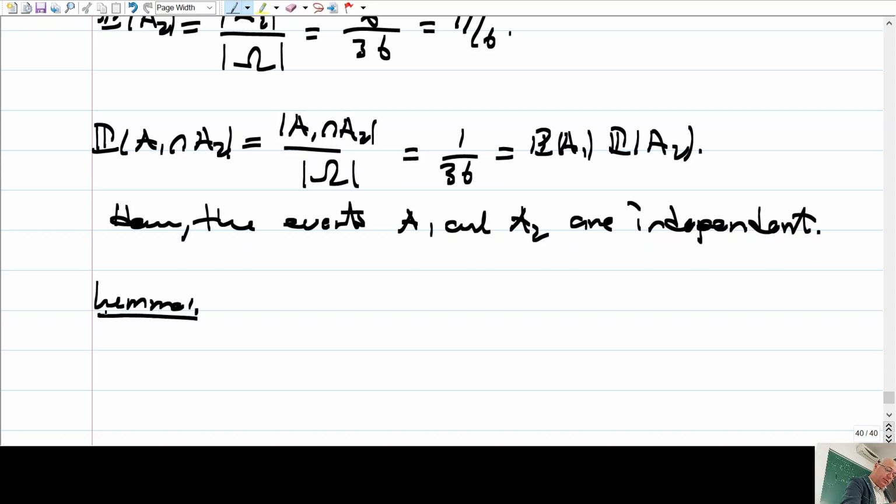We will study this theoretically, but for that we just need some simple facts. First one is this.